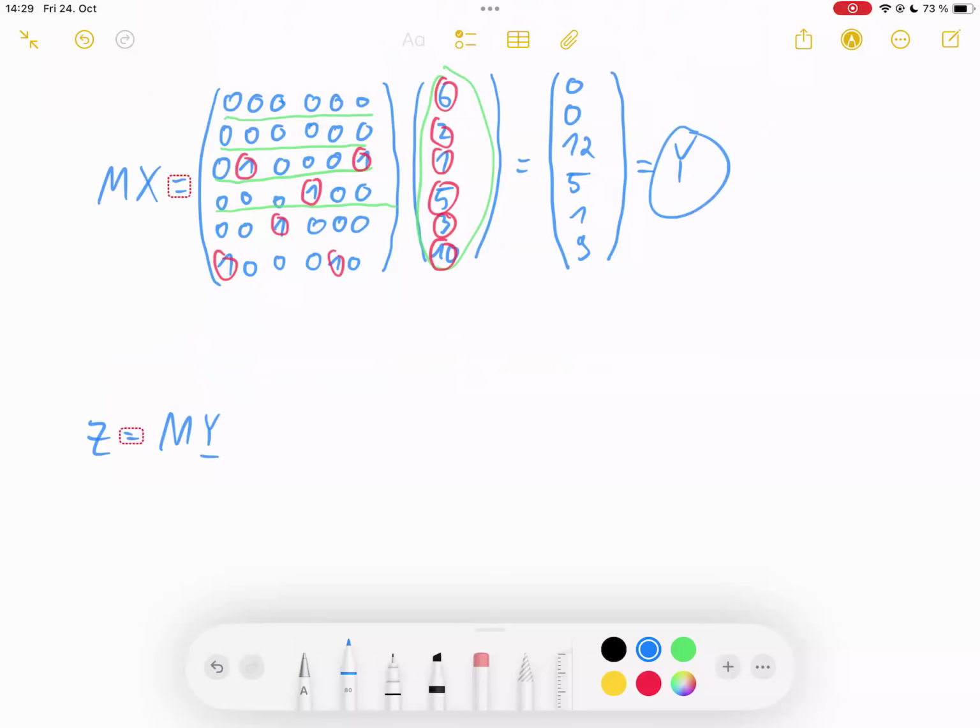We could do this manually again, but we could also do this in a different way.